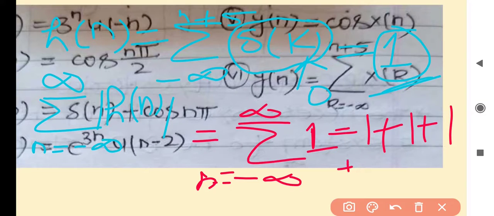It will go infinite number of times, and it will also give a value equal to infinite. When we sum up the impulse response of this system from minus infinite to plus infinite, it will not give a finite value, and the system becomes unstable. So this is all about the stability of the system.